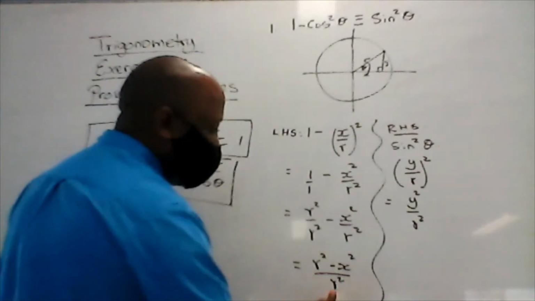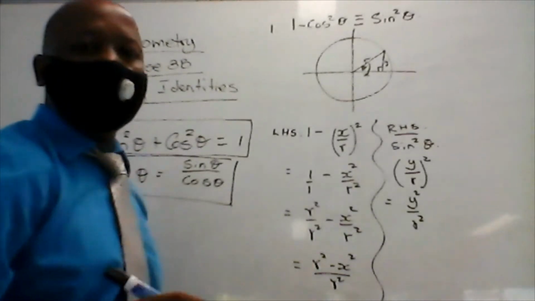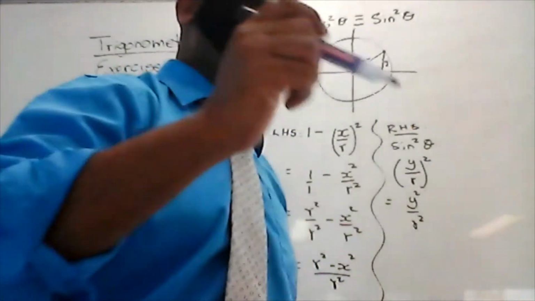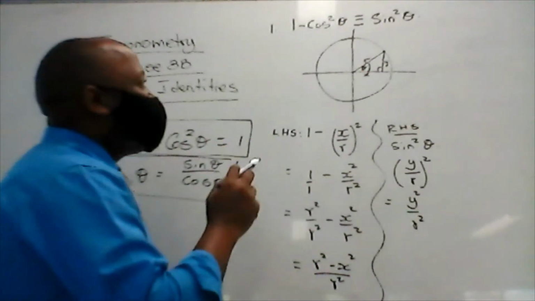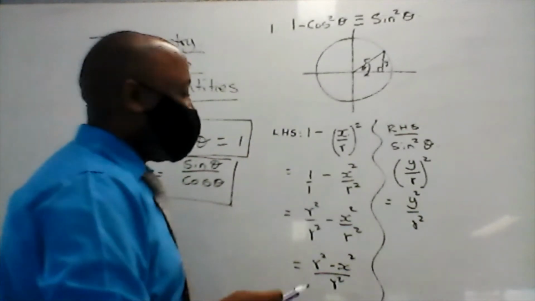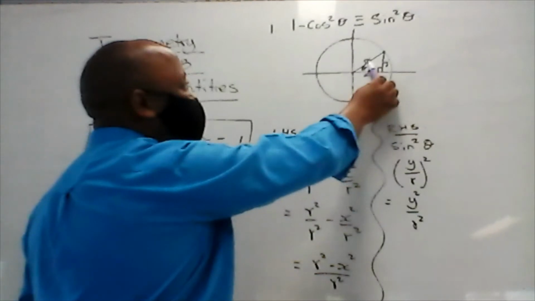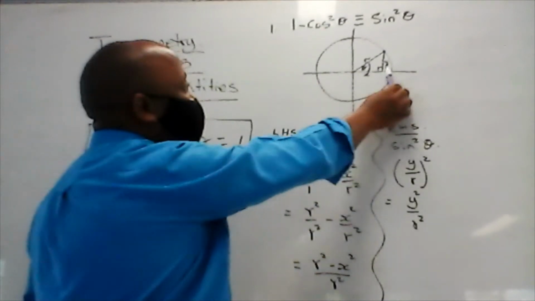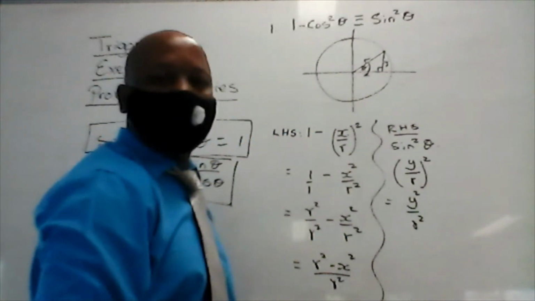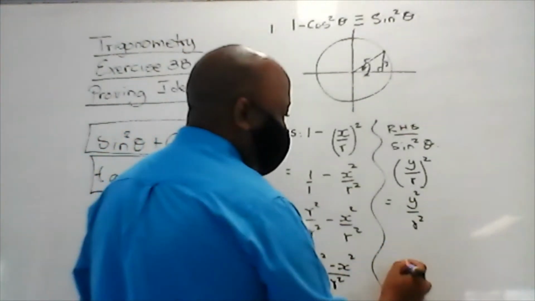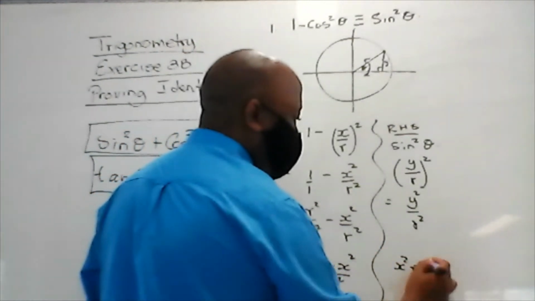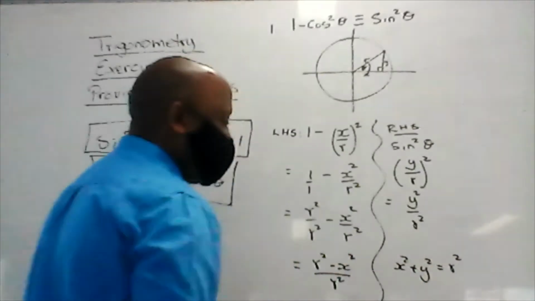If you go back to the previous one, remember the theorem of Pythagoras states that the sum of the squares on the opposite side and adjacent side are equal to the square on the hypotenuse side. So if you subtract one of the sides, r squared minus x squared will give you y squared. From the theorem of Pythagoras, x squared plus y squared is equal to r squared.